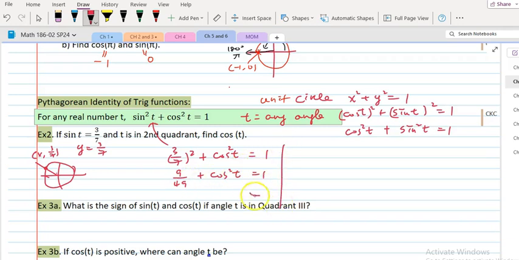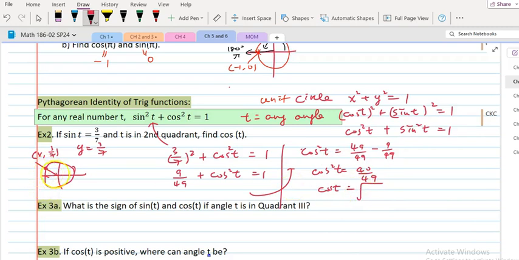Subtract over. Continue here. I would have cosine squared t is equal to 49 over 49 minus 9 over 49. 1 is 49 over 49, right? It would be 40 over 49. This is cosine squared t. I want cosine t, so I have to take the root. Should I do plus or minus?